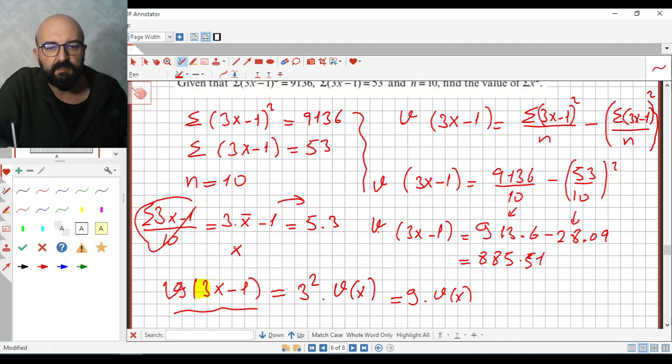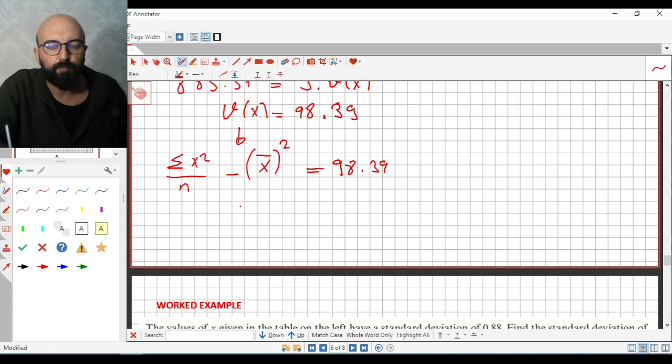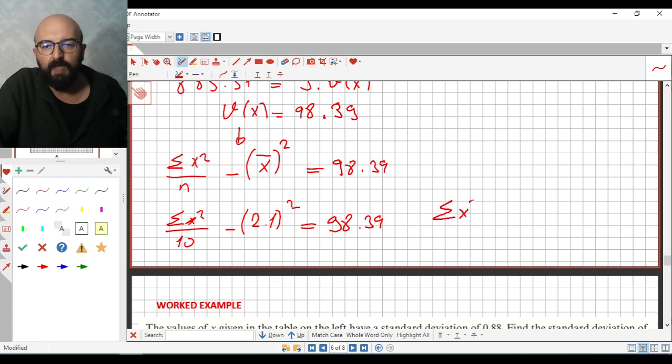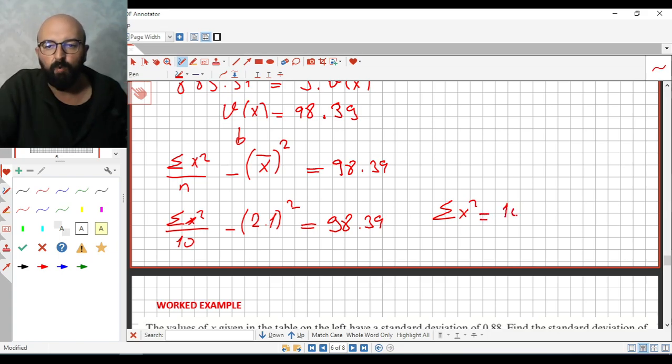And it means the mean of x is 2.1. And we can write here 2.1. The mean of x square over 10 minus 2.1 squared equals 98.39. And then the sum of x square is 1028.